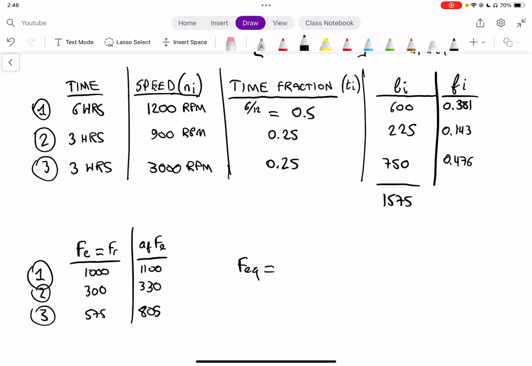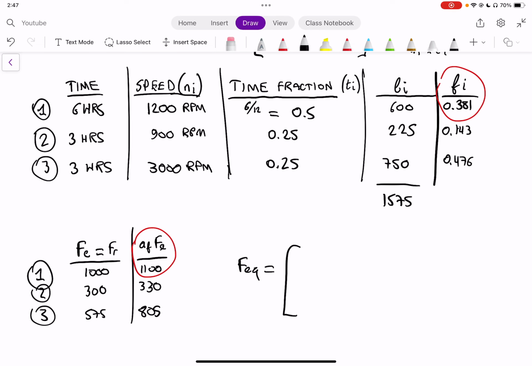Okay, and FEQ is now going to be the sum of Fi times the value of AF FE to the power of A for every term. We're going to split for every term. So for part one, we need this term and we need this term, and we're going to plug them in.